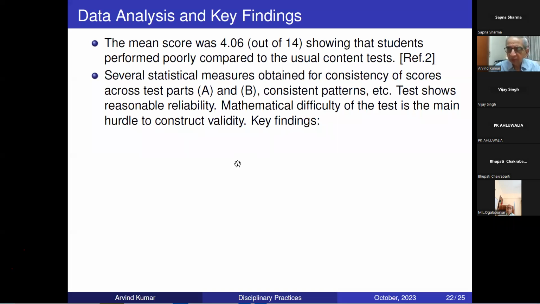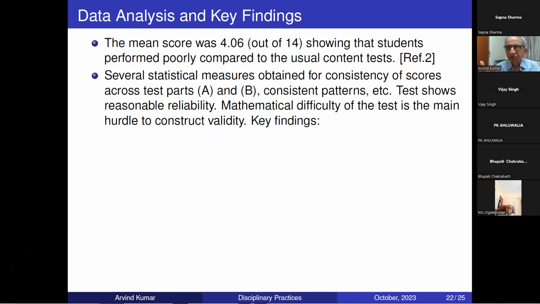50% of students showed that consistency. And this is quite a good number, because if it was all random, then there is a very large number of combinations and the consistency index would be just 10% or so. But we got 0.5. Our reliability was slightly less than what is regarded as good. We had 0.65, and similarly, Cronbach's coefficient was 0.64, slightly less than this. This is because of the mathematical difficulty of the test.